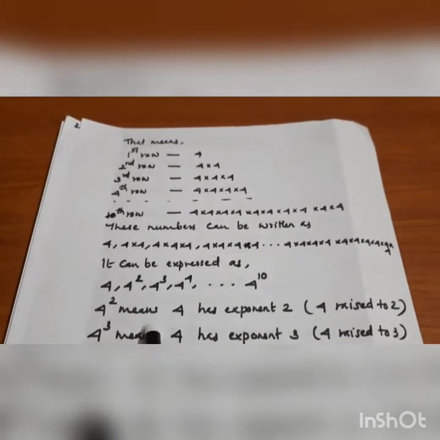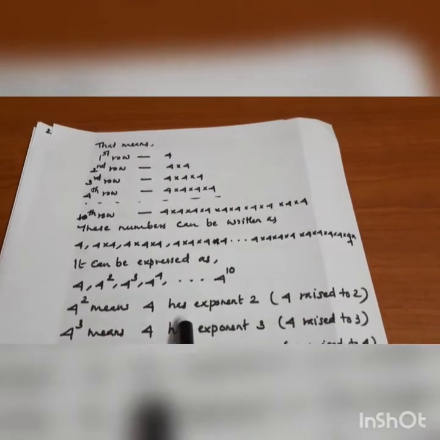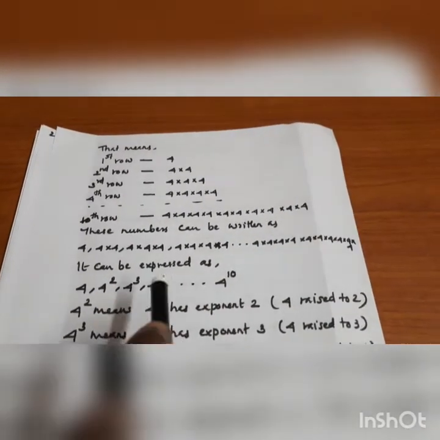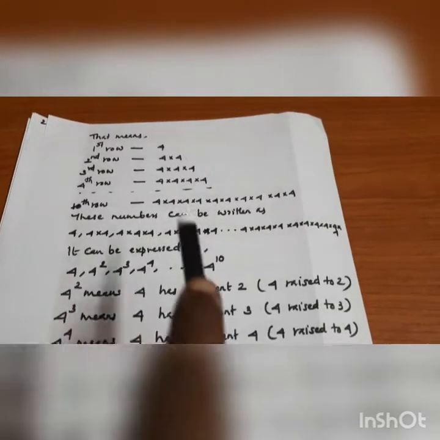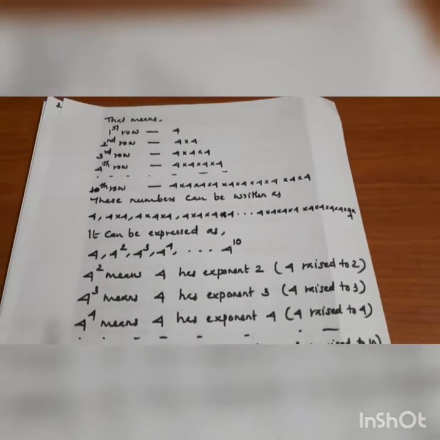4 and right top 2. That means, read it as 4 has exponent 2 or 4 has the power 2. Exponent or also power.